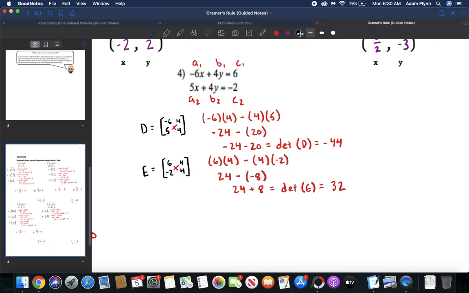Okay, on to matrix F. I'll have A's in my first column, so -6 and 5. And I will have C's in my second column, so 6 and -2. Determinant is AD minus BC. So I'll have -6 times -2.